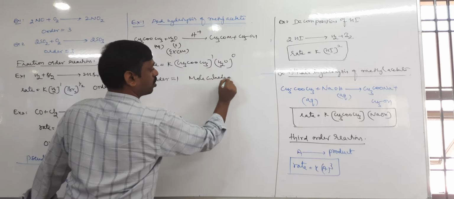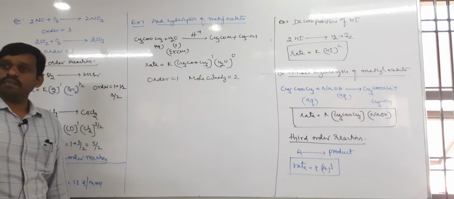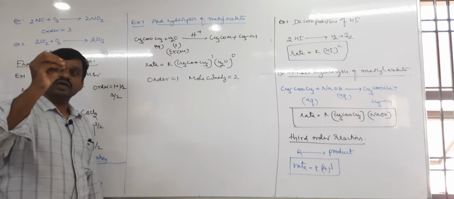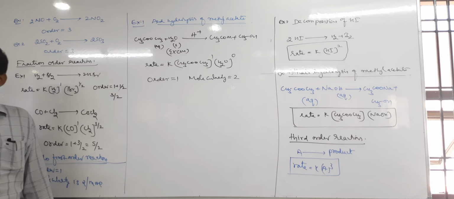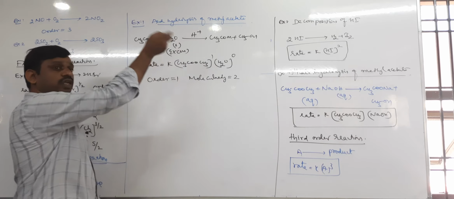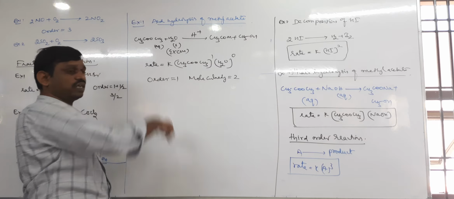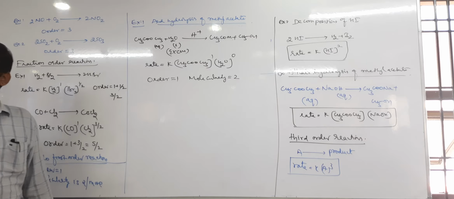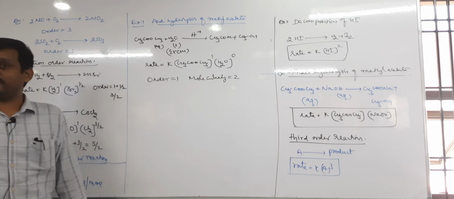So we have studied, what is molecularity? Molecularity is nothing but the number of reacting species which take part in the RDS or which take part in the reaction in elementary step. Therefore these two reactants are involved in the reaction. But what is order? Order is the number of reacting species which change their concentration.